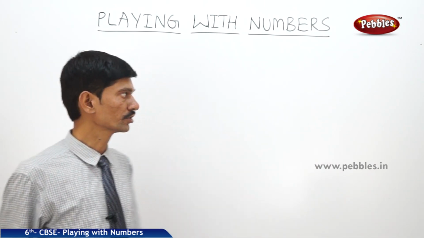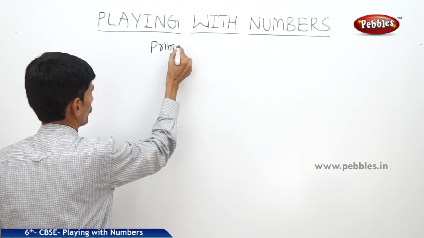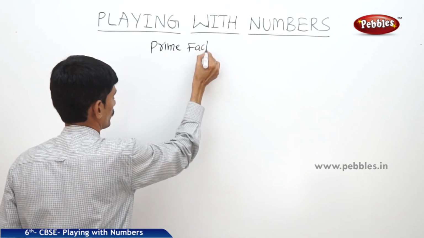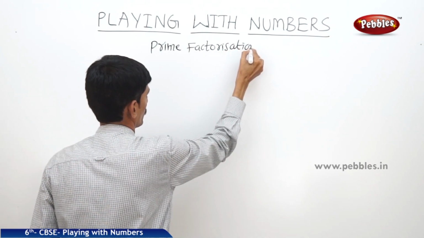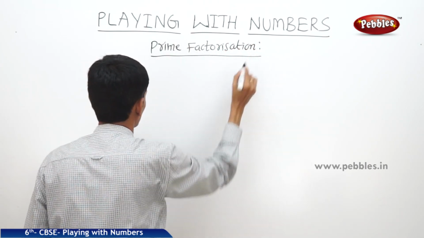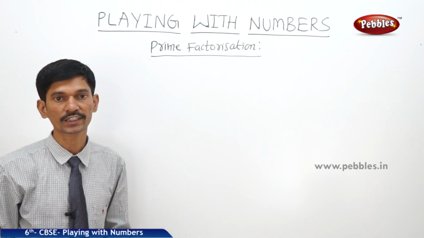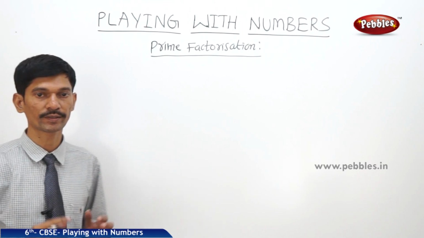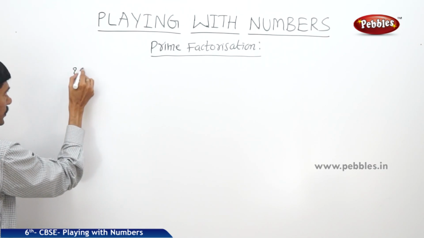Now let us see the next topic, prime factorization. Now if you take any number, then it can be expressed as the product of prime numbers. Now let us take an example, 24.